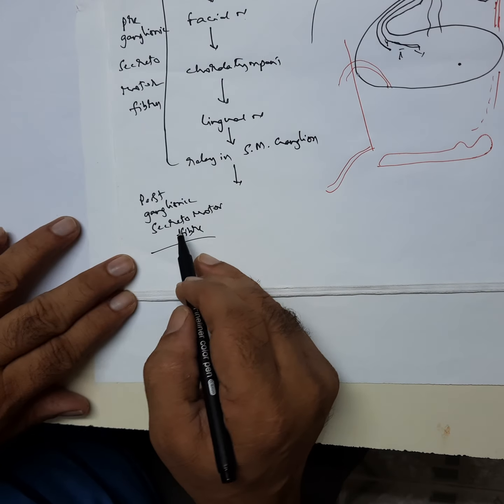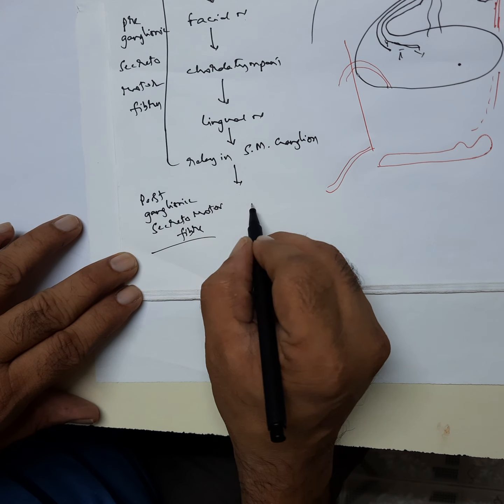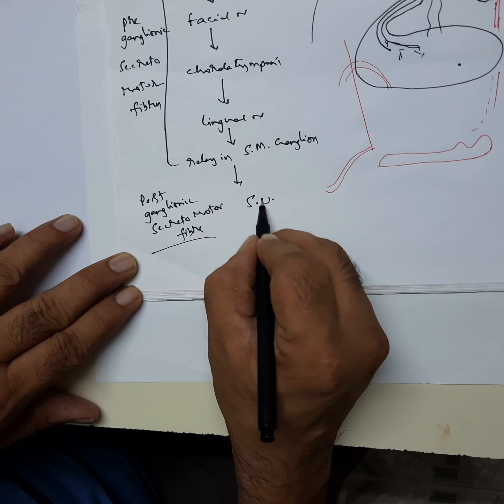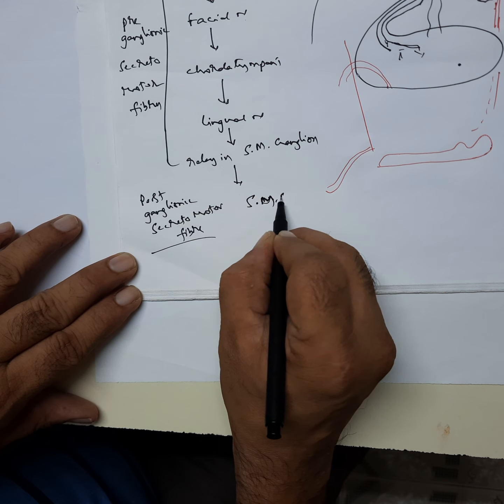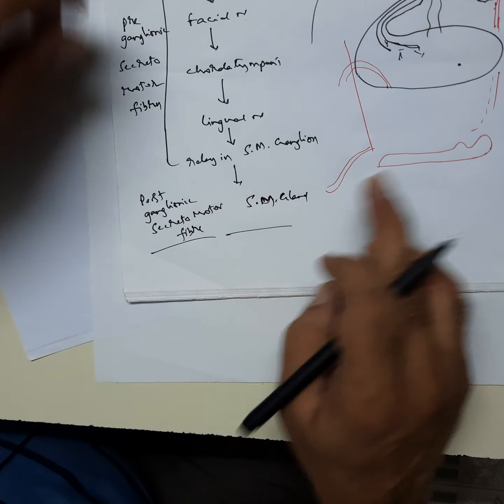These secretomotor fibers induce the watery secretion. So this goes to the submandibular gland. Today we are concerned only with the submandibular gland.